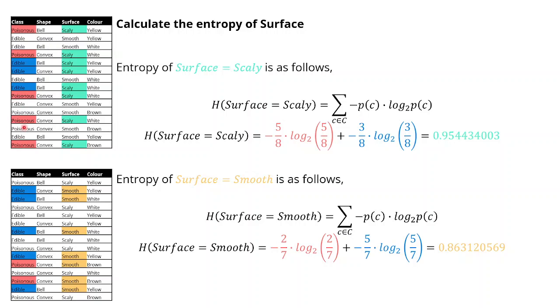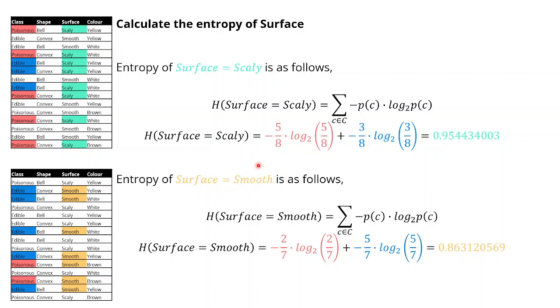So we have 5 poisonous scaly surfaces. That's why we write 5 over 8 here and then 5 over 8 here. Plus, how many edible scaly surfaces? We have 3. So we have 3 divided by 8 and then 3 divided by 8 is equal to 0.95 something. So that is the entropy of the scaly surface.